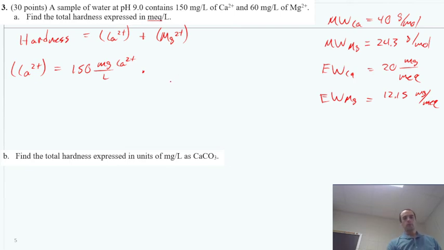So we're going to multiply this by 1 over the equivalent weight. So that'll be 1 milliequivalent per 20 milligrams Ca2+. So here we're going to cancel the milligrams calcium and milligrams calcium, and so that should give us our answer here as 7.5 milliequivalents per liter.